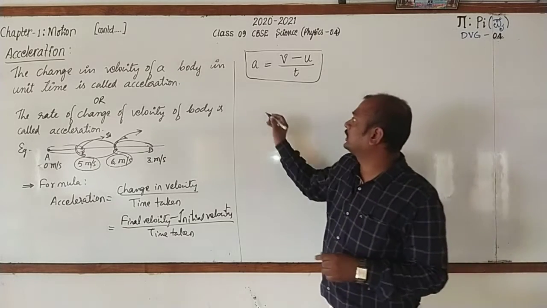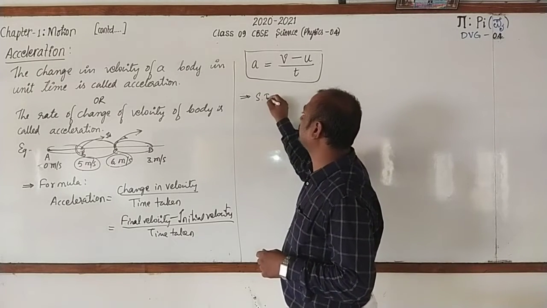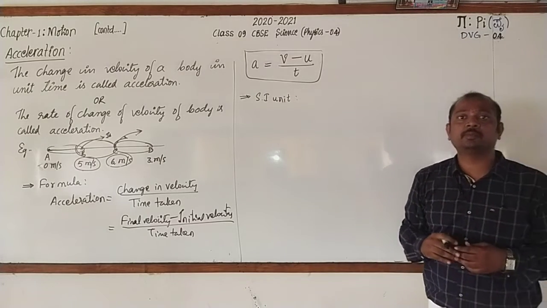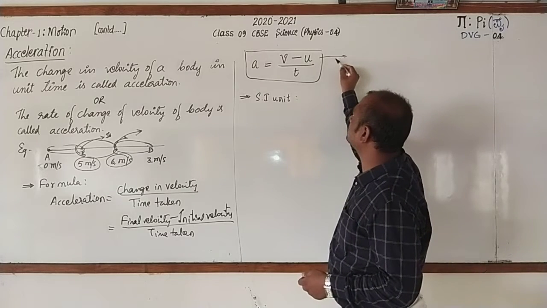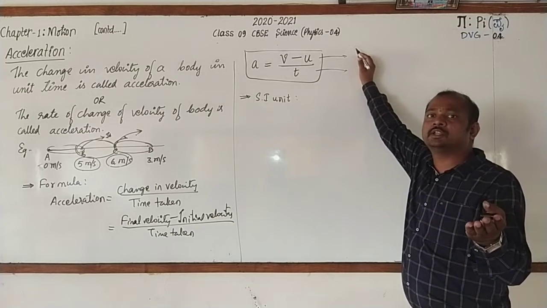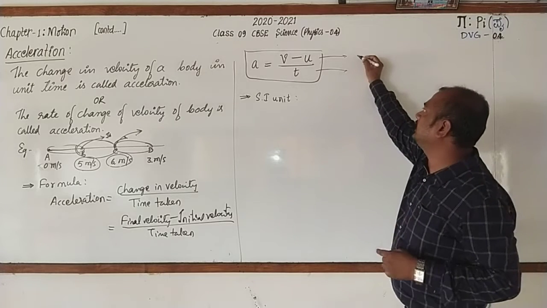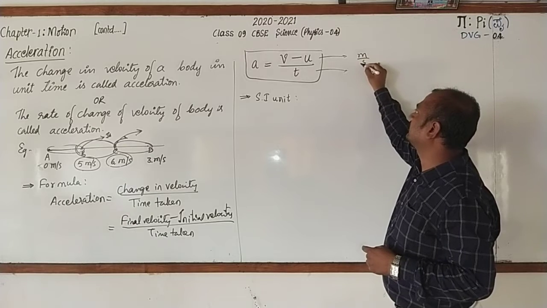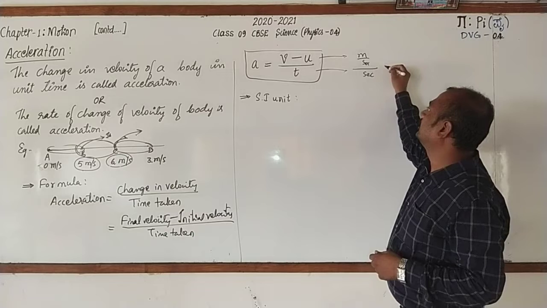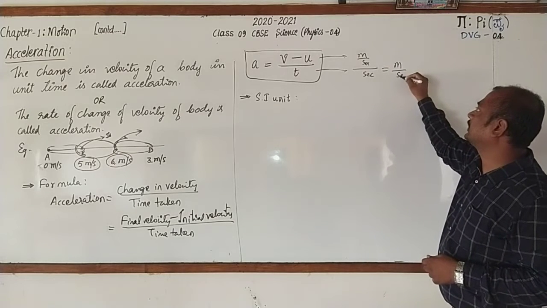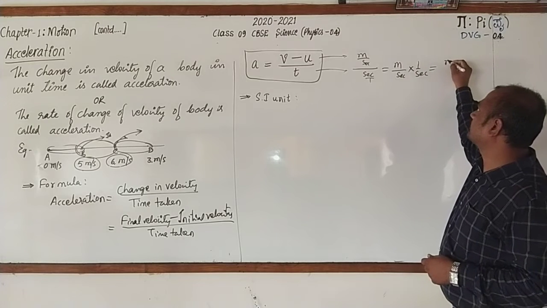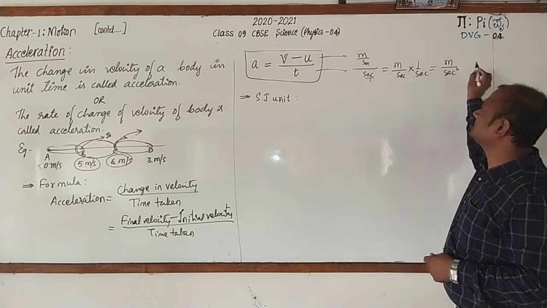Clear? Okay. Then what about its SI unit? Can you guess? You can find out the SI unit by using the formula only. Here, change in velocity by time taken. What is change in velocity? Nothing but velocity. Unit of velocity is meter per second, divided by time, that is second. It is equal to meter per second into 1 by second, which is meter per second square.